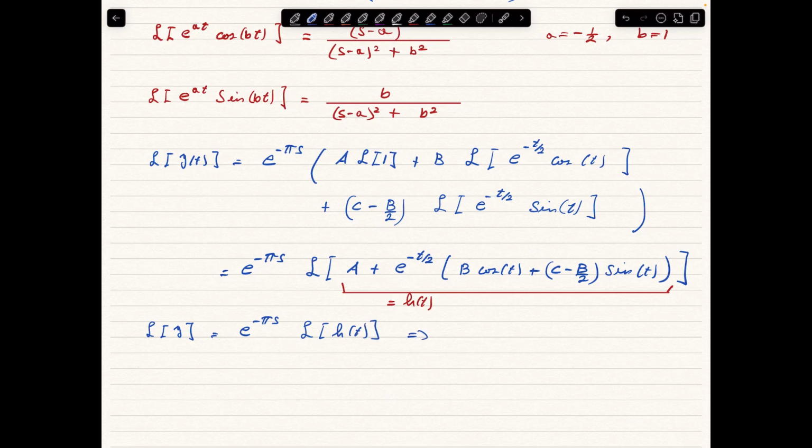So we know what is going to happen. Now we have the translation identity that says that this is going to be equal to the Laplace transform of the step t minus pi times h of t minus pi. Again, this is the translation property.